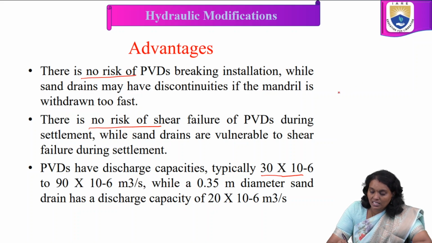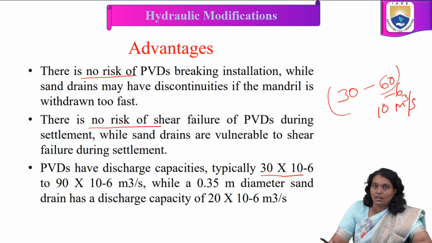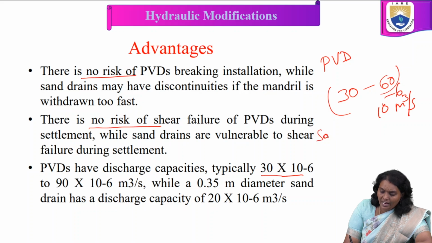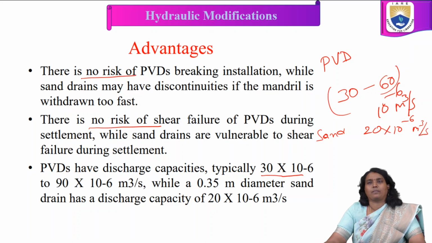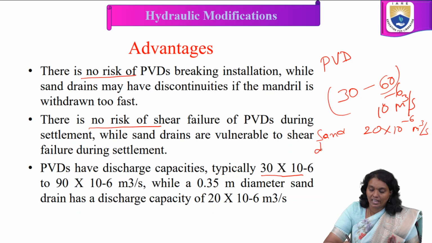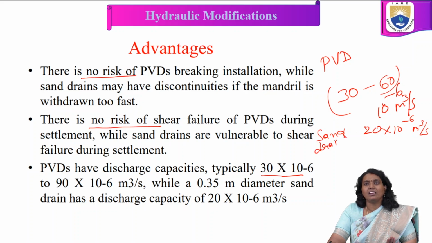So for the PVD, the prefabricated vertical drains, the discharge capacity is between 30 and 60, but in sand drains the discharge capacity is about 10 times 10 to the power of minus 6 meter cube per second. So this variation is there for both the sand drains as well as the PVD drains.